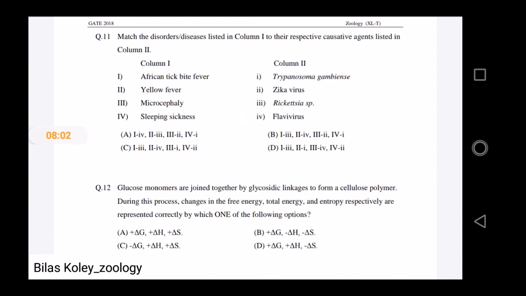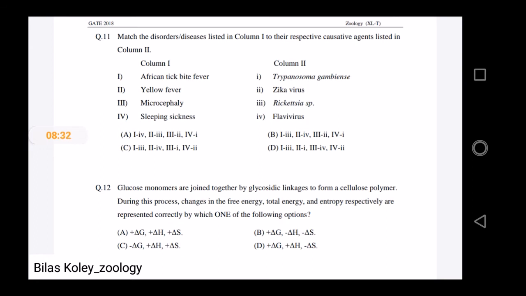Now we will discuss question number 11. Match the diseases listed in column 1 to their respective causative agents listed in column 2. In column 1, the diseases are African tick bite fever, yellow fever, and African sleeping sickness.